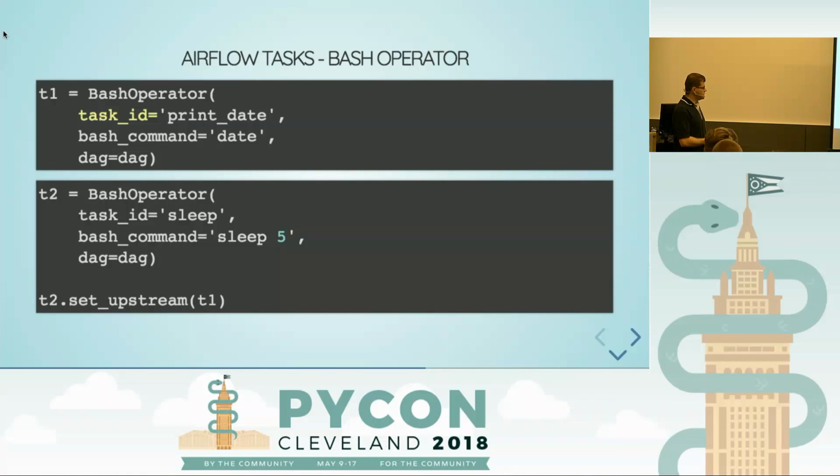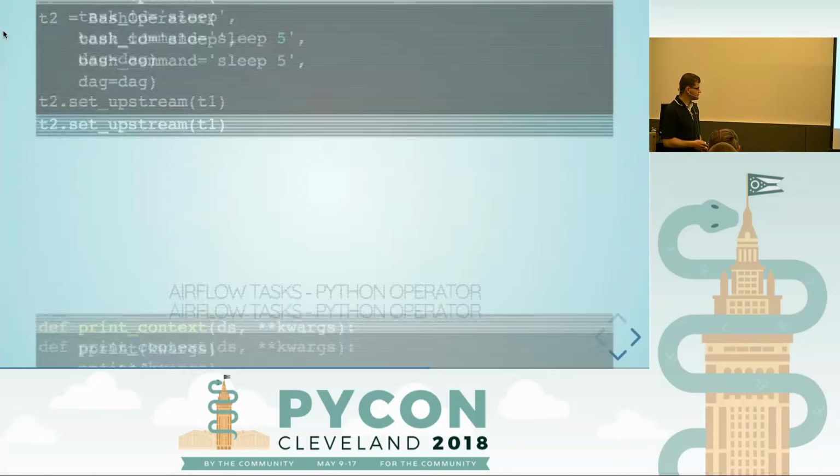So for this, I'm doing t2.set_upstream(t1), and that's going to create a graph similar to what we saw before, where there is an arrow from t1 to t2, which implies a dependency, saying we have to execute t1 before we execute t2. Otherwise, by default, if there is no dependency, Airflow is going to assume it can execute both of them at the same time. So this is how you would implement a dependency.